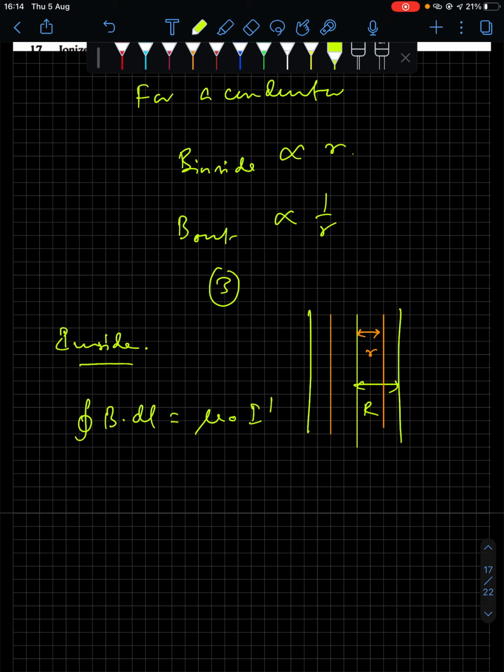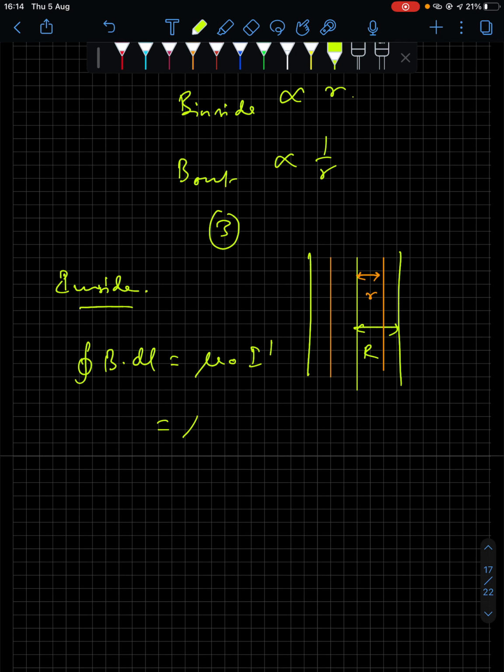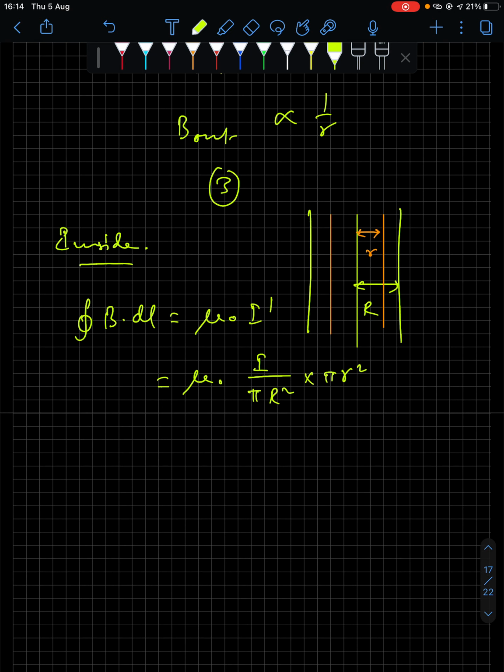This I prime is the current passing through the cross section of small r. Now this I prime will be total current per unit cross section area multiplied by pi small r square. This will be the value of I prime.